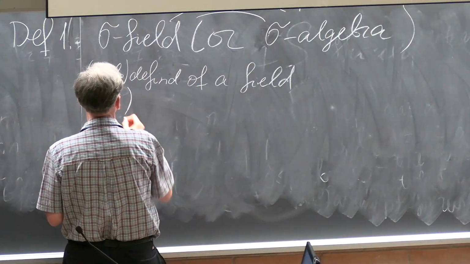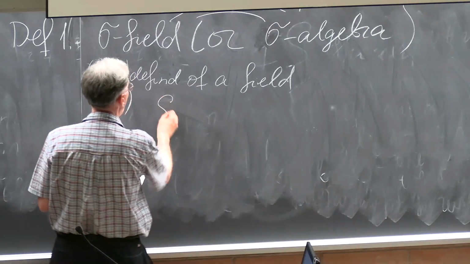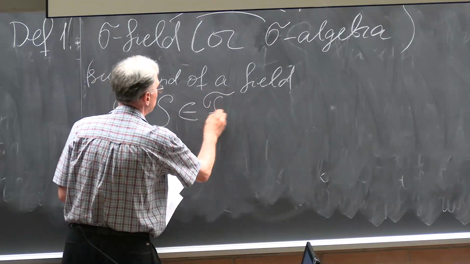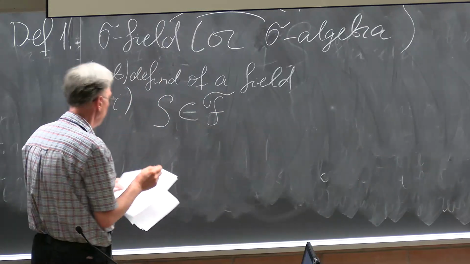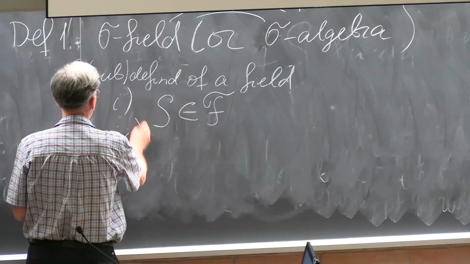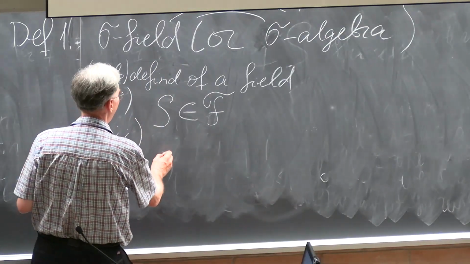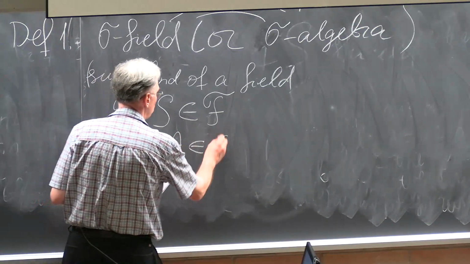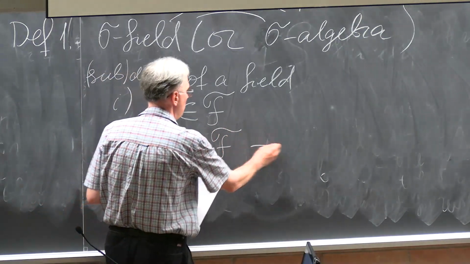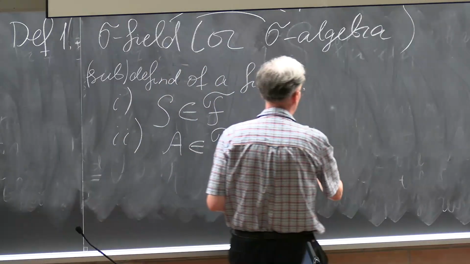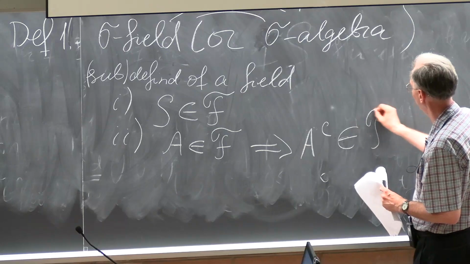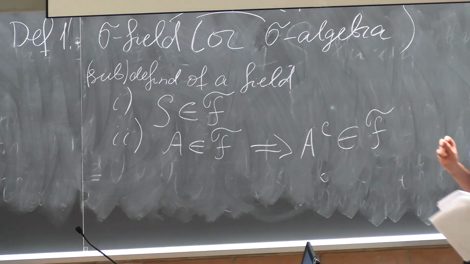There are three requirements, namely the whole sample space should be a member of such a field. The second requirement is that the fact that event A belongs to the field implies that its complement is also a member of this class.